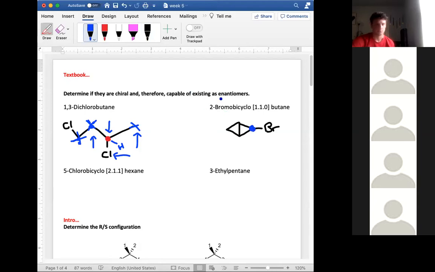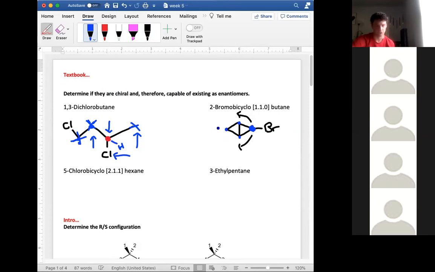And so based on that, whenever there's a ring, you'd have to go around the ring looking for something that stands out compared to the other side. So of course we have a bromine going along. Right? So going along here, we have a CH. Here's a CH.